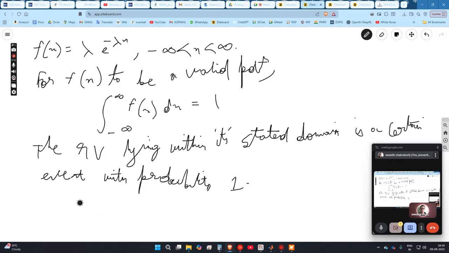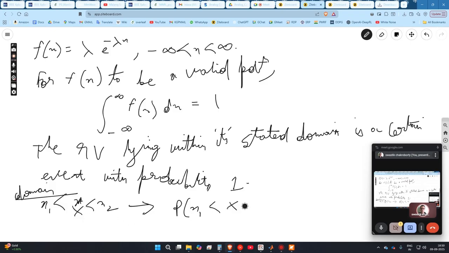If x has a domain between x1 and x2, then within its domain the random variable will always lie. So the probability will always be 1. So this has to be 1.